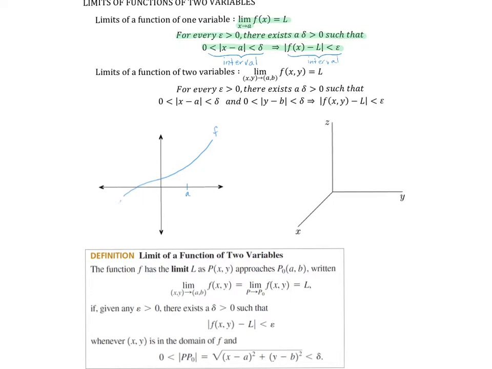So notice that if I look at this value a, and remember we don't have to reach a, we just have to get arbitrarily close.